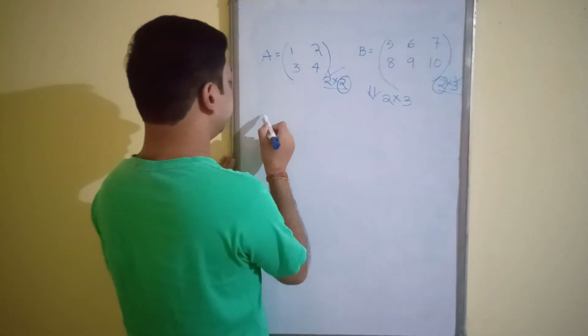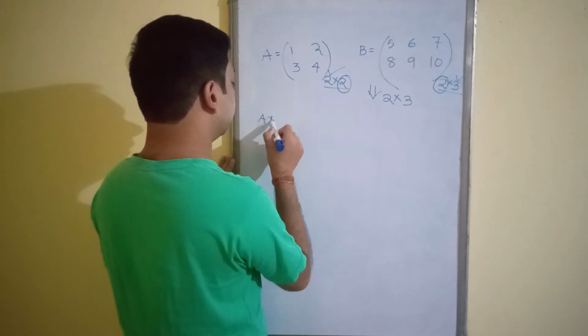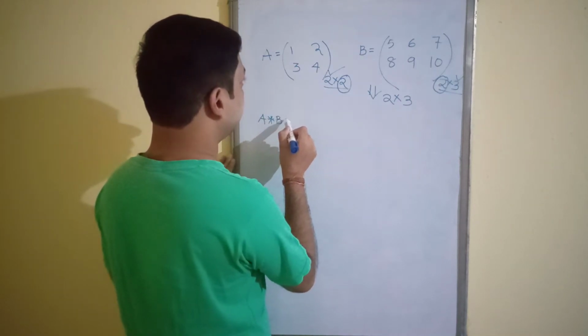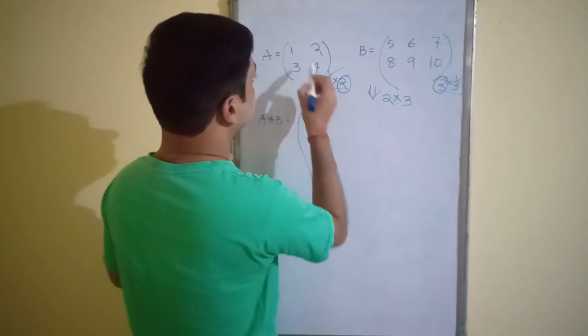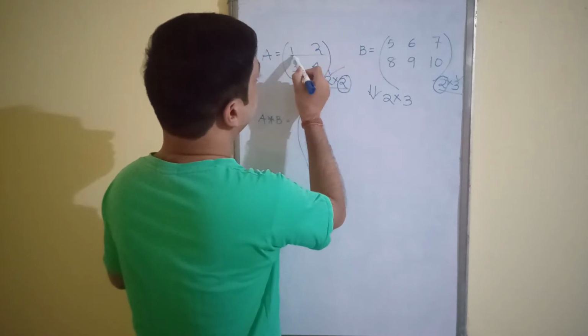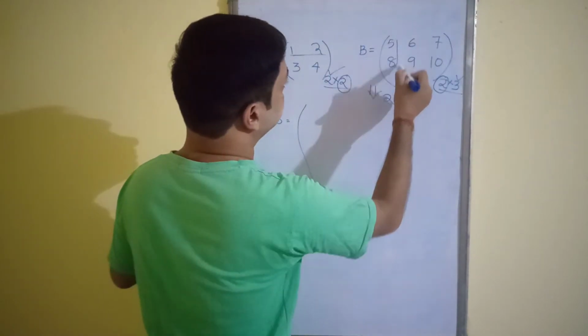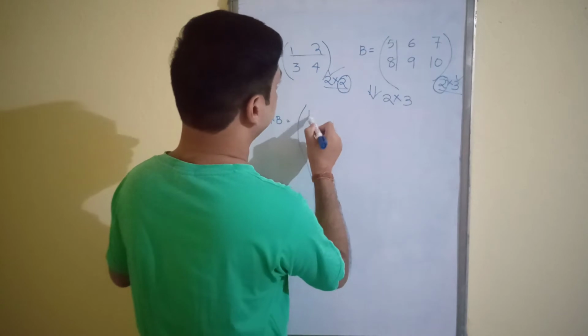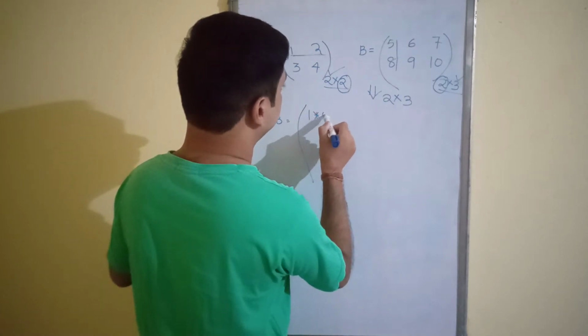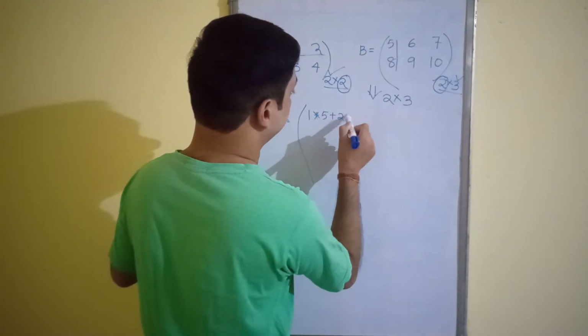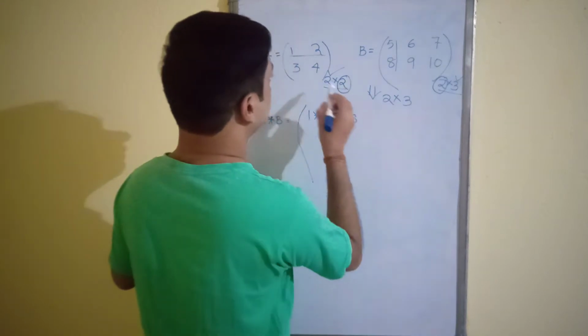Now when you multiply A into B, what will be the matrix here? You can see the first row is multiplied with the first column first. So this is 1 into 5 plus 2 into 8.